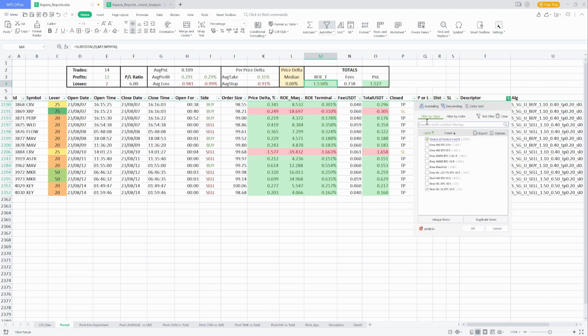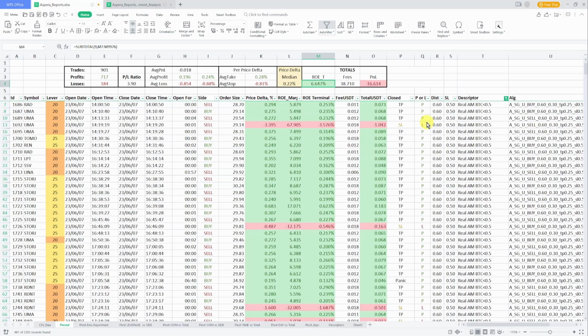Let's take all my real results, my real trades, and look at that. The P&L is minus 16.6, but the ROE is happy and green, and it's actually 6.6 here. That is pretty wild.